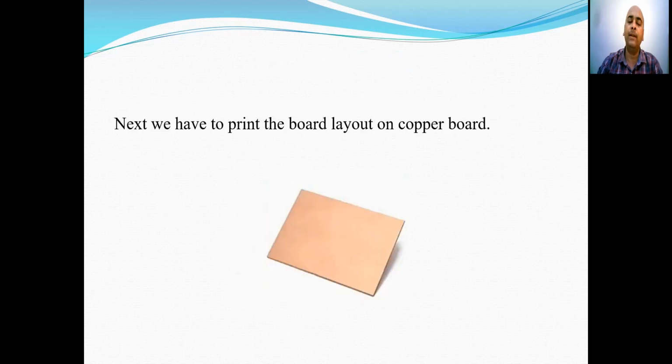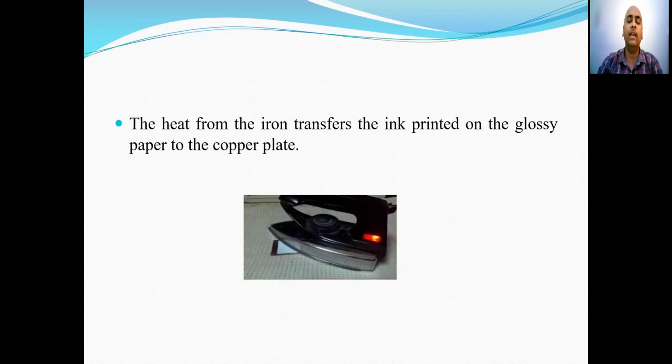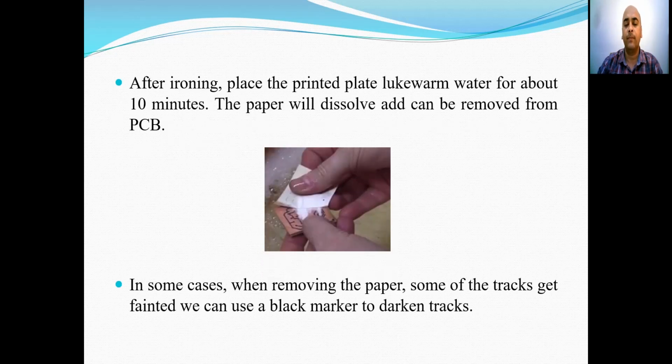Next, we have to print the board layout on copper board. In order to print the layout on board, we place the glossy paper onto the copper board. The heat from the iron transfers the ink printed on the glossy paper to the copper plate.